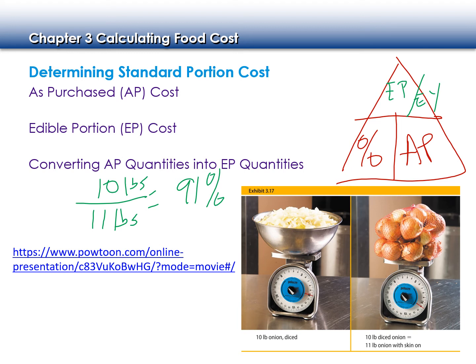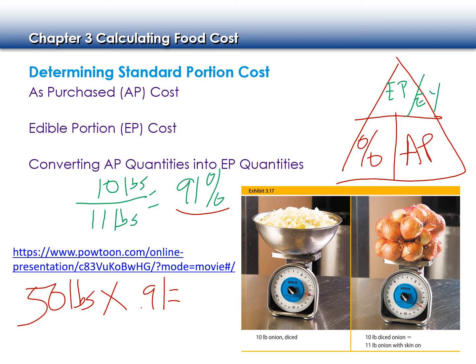Do we always purchase things in 11-pound bags of onions? No. What happens when we actually purchase a 50-pound bag? If I purchase a 50-pound bag and I can use this 91%, now we're multiplying because we're looking for this edible portion.